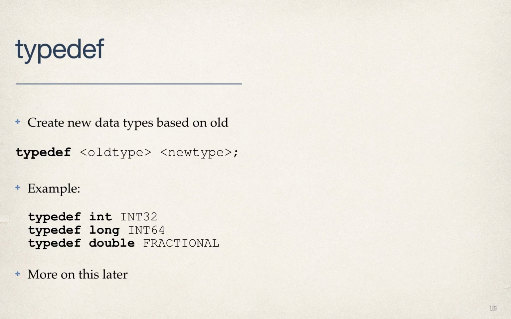So typedef. In simple terms, these are used a lot actually in embedded software. Old type, new type. Okay, so this name is an alias for this. So for example, we could have created our own int32 as an alias for int, which on the ARM Cortex M4, that's a 32-bit processor, and its integer is in fact 32 bits, whereas on another one it might be 64 or 16.